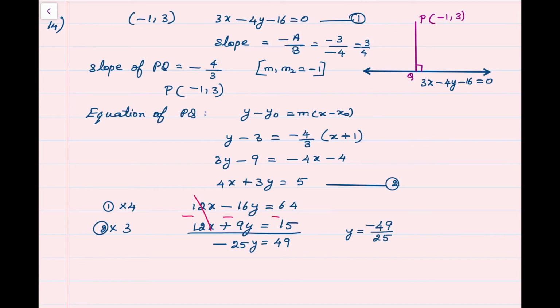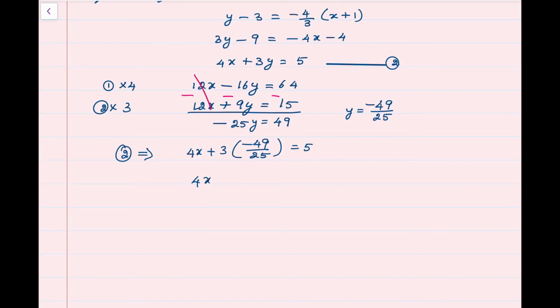We have to find the x coordinate. We can substitute in any one of these two equations. We will use the second one. 4x plus 3 times minus 49 over 25 is equal to 5. 4x is equal to 5 plus 147 divided by 25.